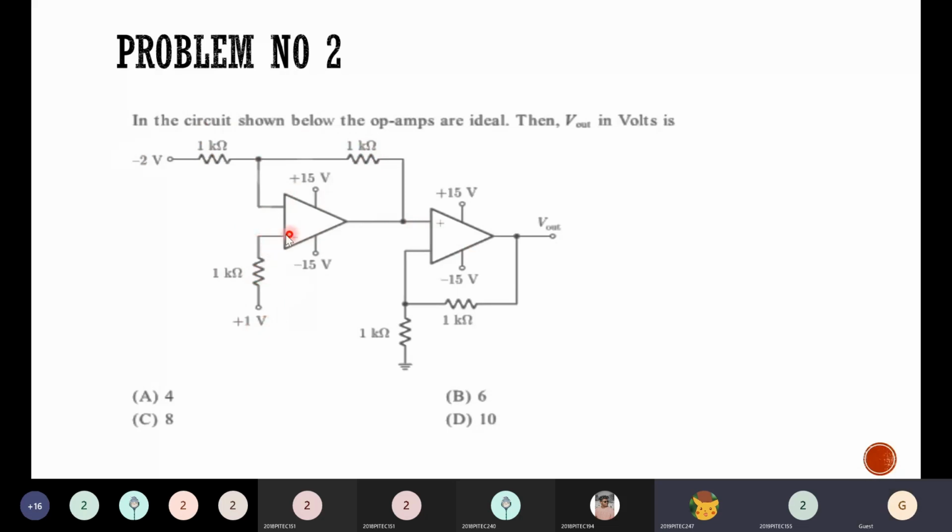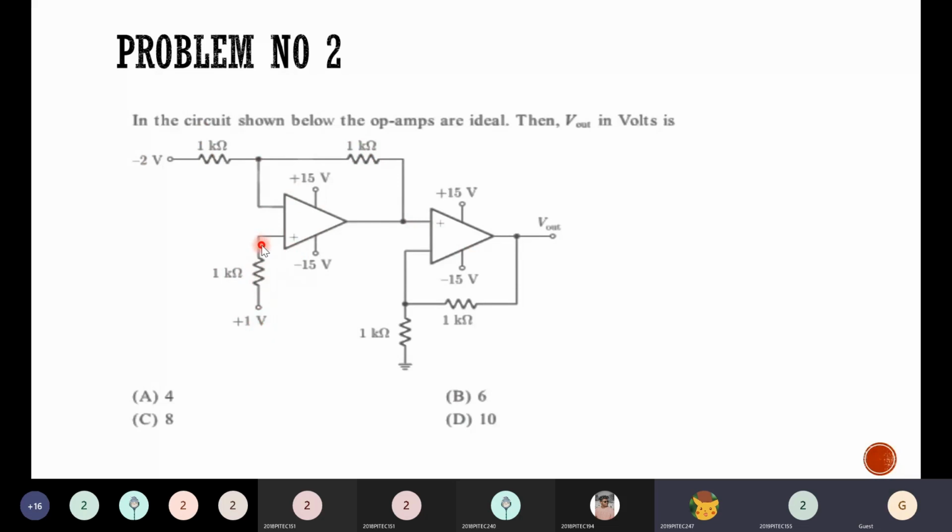I say that the potential at the non-inverting terminal is the same 1 volt as you have given here. That means there is no drop across this 1 kilo ohm resistor. Why? Because there is no current flowing in this path. Why is there no current flowing in this path? Because we know that no current can enter into the op amp. The other golden rule of op amp: no current will enter into the op amp. If a current starts flowing from here, it should have a path to complete it.